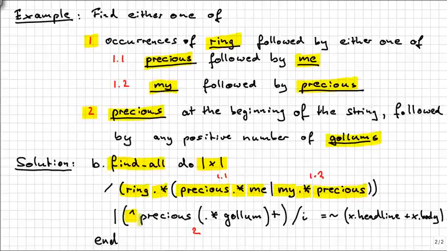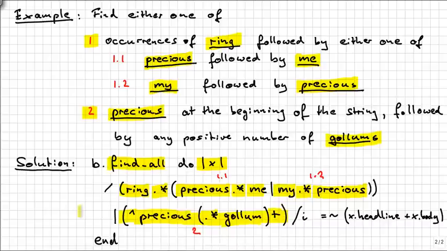And so we can match precious at the beginning of the string, followed by any characters, followed by the character sequence golem. And with the plus sign here, we indicate that the preceding expression in the parentheses can occur any positive number of times. So this portion here expresses option number 2.